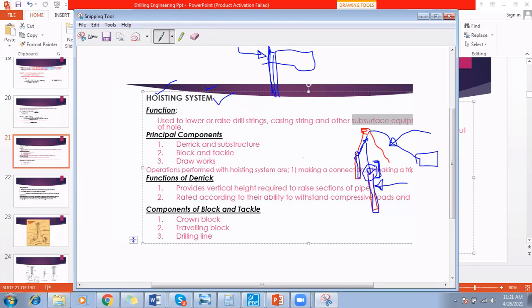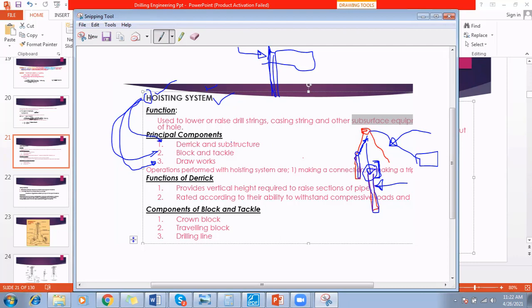Now coming towards the main components of the hoisting system. The main components of the hoisting system include the derrick and substructure, the block and tackle, and the drawworks. We will discuss the block and tackle and drawworks in detail. Now, what are the derrick and substructure? We discussed these two components while studying the components of the drilling rig section.